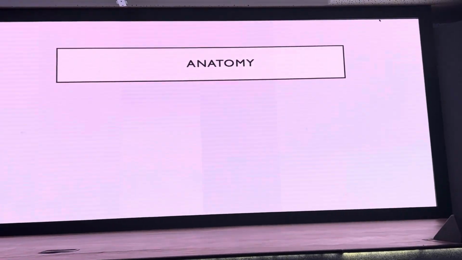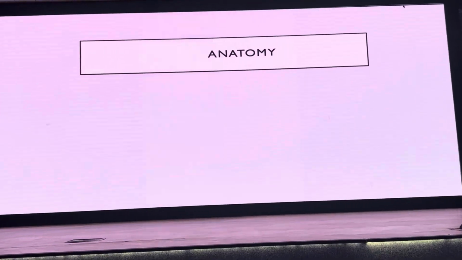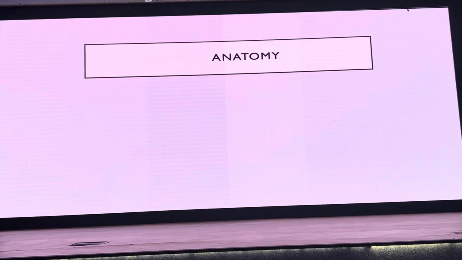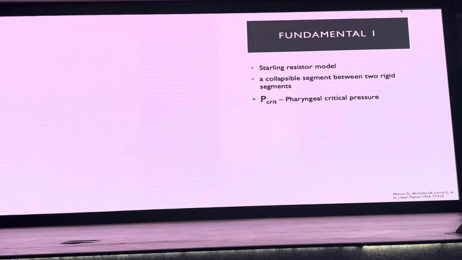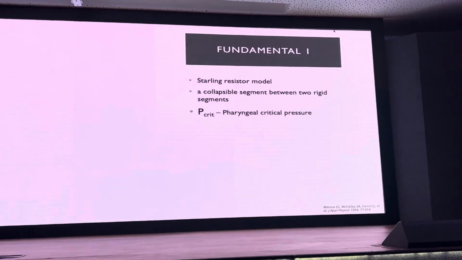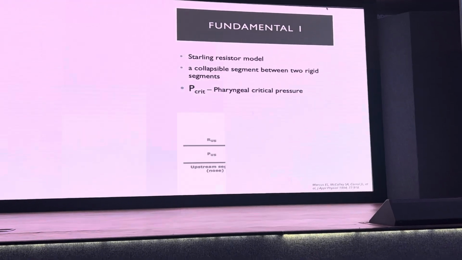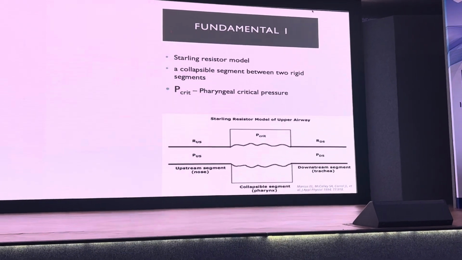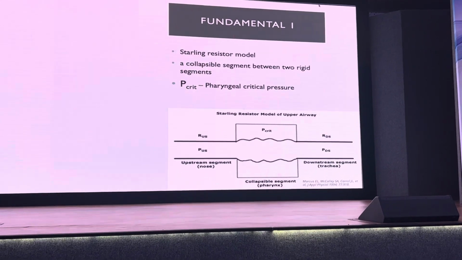So the first pillar, anatomy, is arguably the most important pillar in the causation of obstructive sleep apnea. The first fundamental of anatomy is a classical Starling resistor model, which says that the whole airway is a collapsible segment lying between two rigid segments.